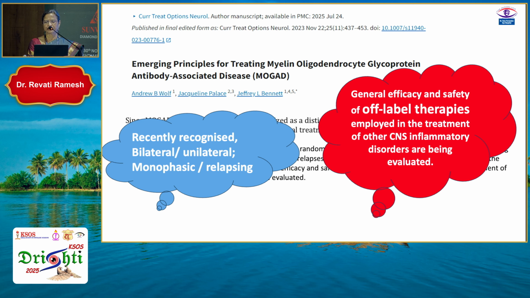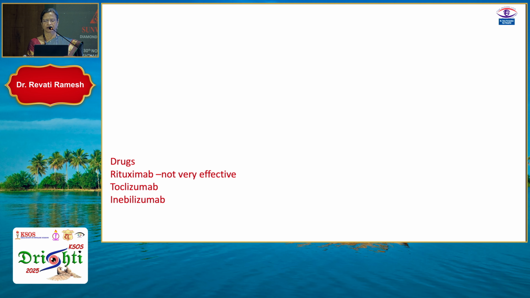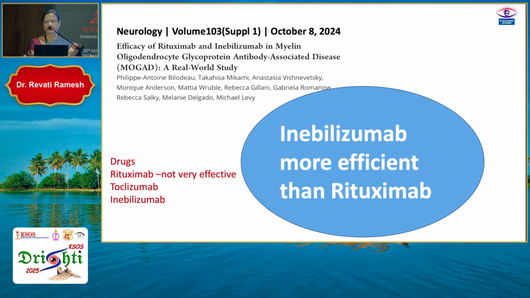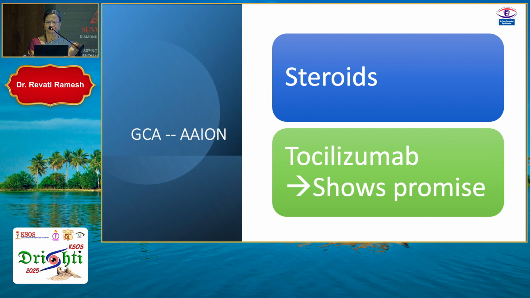The drugs being studied are the off-label therapies employed in the treatment of other CNS inflammatory disorders: rituximab, tocilizumab, and inebilizumab, besides others. And here, inebilizumab has been found to be more efficient than rituximab.